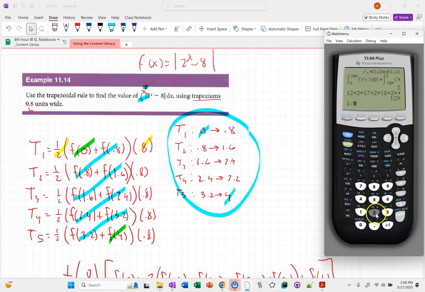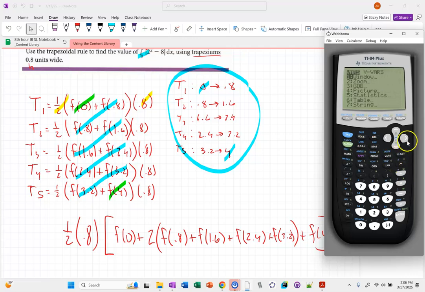And I'll do 1/2 times 0.8 times the quantity y1 of 0 plus 2 times the quantity y1 of 0.8 plus y1 of 1.6 plus y1 of 2.4 plus y1 of 3.2, and then close that quantity plus y1 of 4.